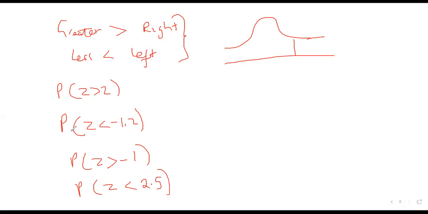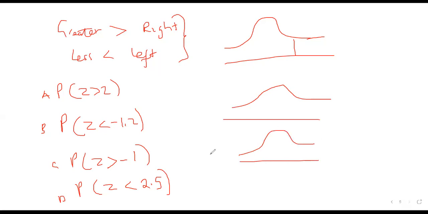So which one coincides with which? A, B, C, D. So we have 1, 2, 3, 4.